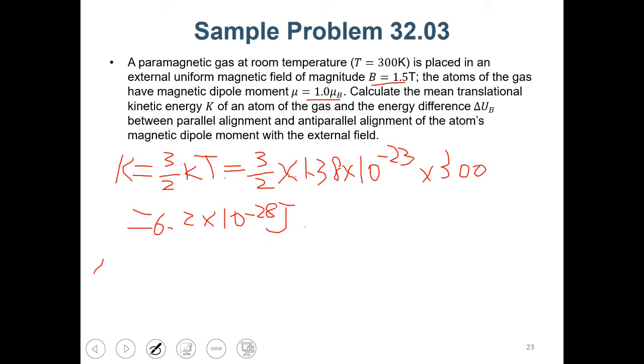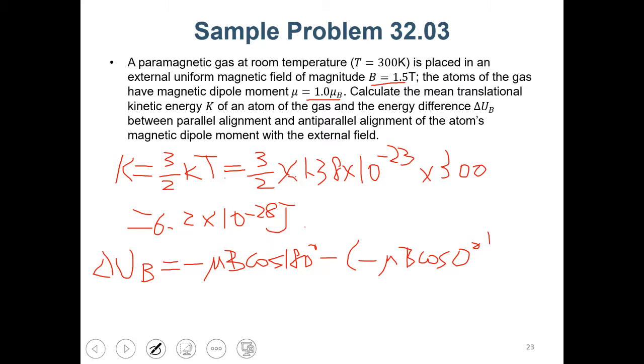And for the delta UB, we know that it is something like mu B cosine 180 degrees minus negative mu B cosine 0 degrees, which means you need to rotate the magnetic dipole moment in the other way.